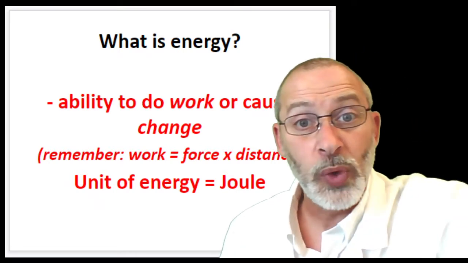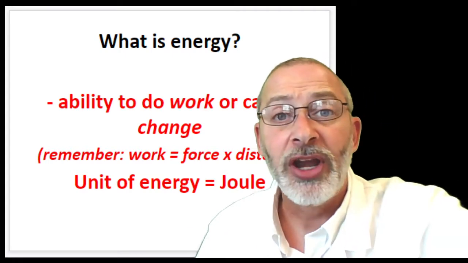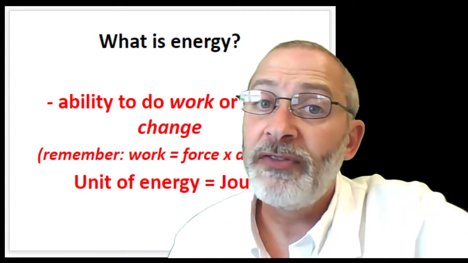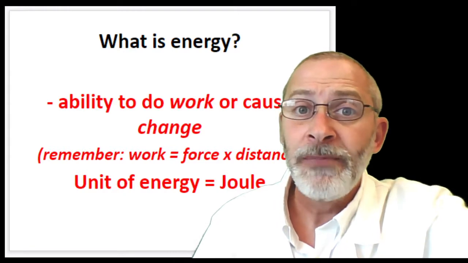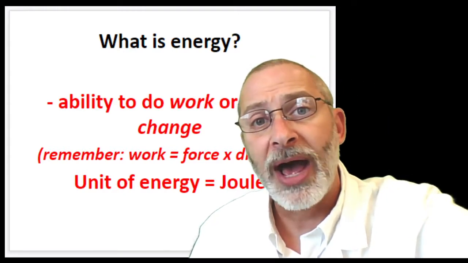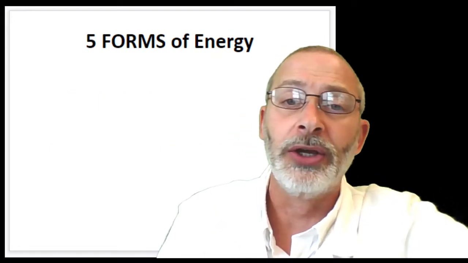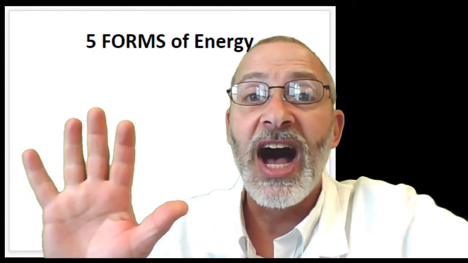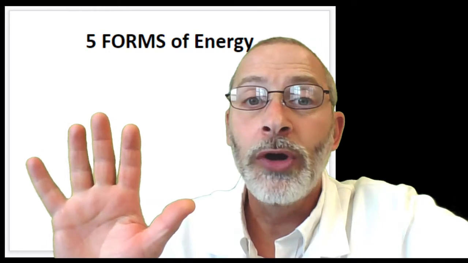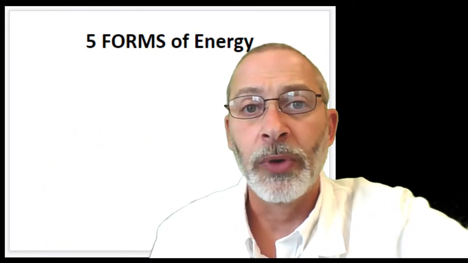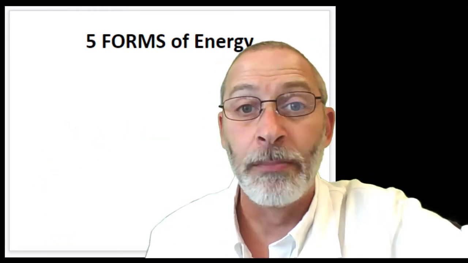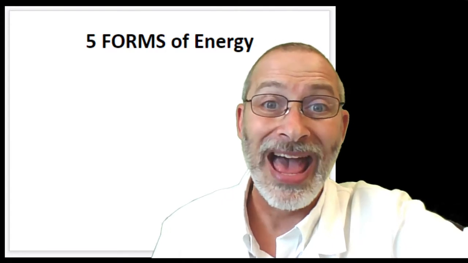Now, we have identified different forms of energy. And so today we're going to talk a little bit about the different forms of energy. In particular, we're going to discuss 5 different forms of energy, and we're going to give some video examples to each one as well.